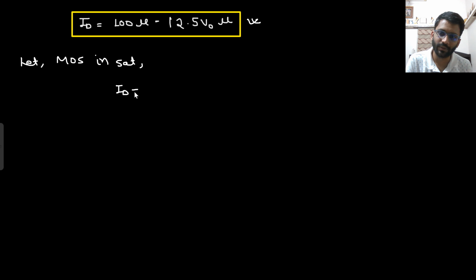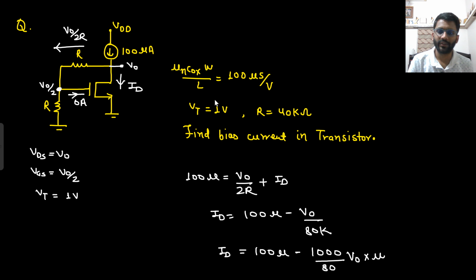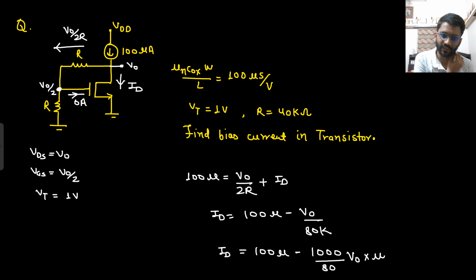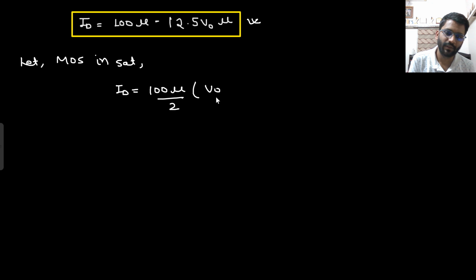ID will be equal to mu n Cox W by 2L. So 100 micro divided by 2, VGS minus VT whole square. What is VGS? That is V naught by 2 minus VT. What is VT? 1.